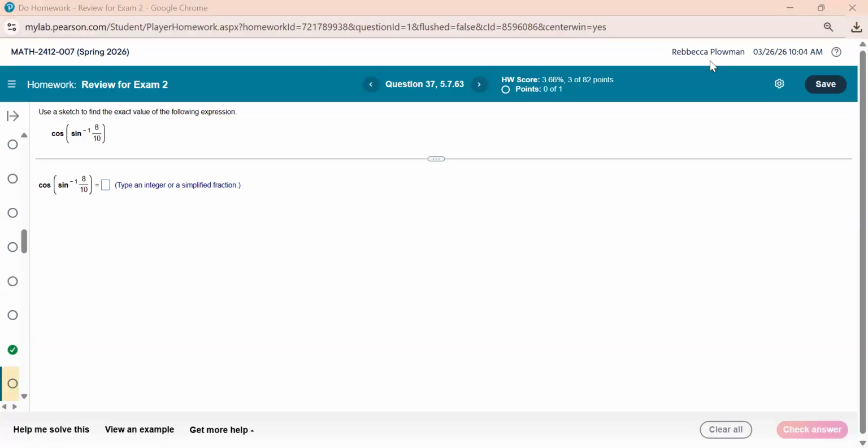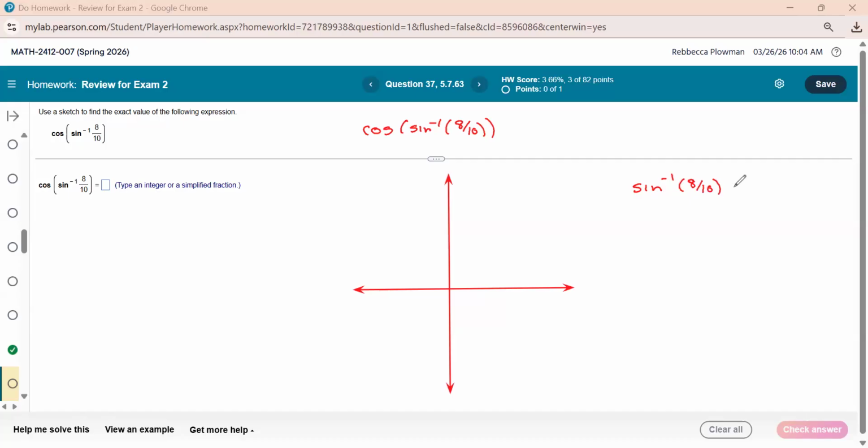So this one, when we were switching between, this is where we had to start constructing triangles. So we have a cosine that's on the outside. We got cosine of inverse sine of 8 over 10. So if I just focus on the inverse sine, I got inverse sine of 8 over 10, which is supposed to equal some sort of angle alpha, which means I know that sine of alpha is 8 over 10.